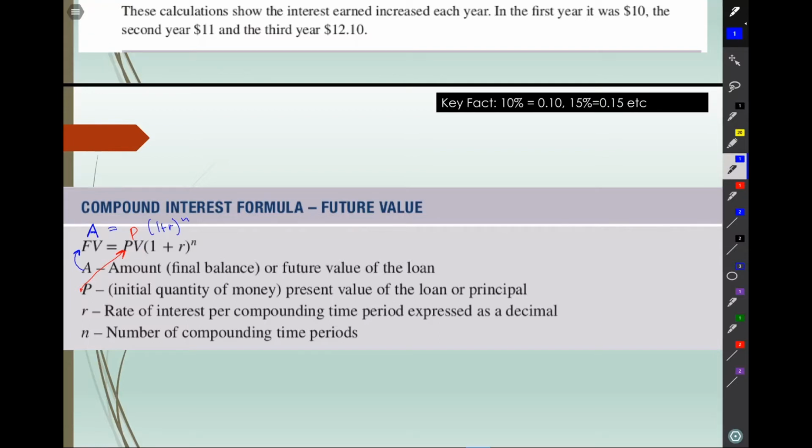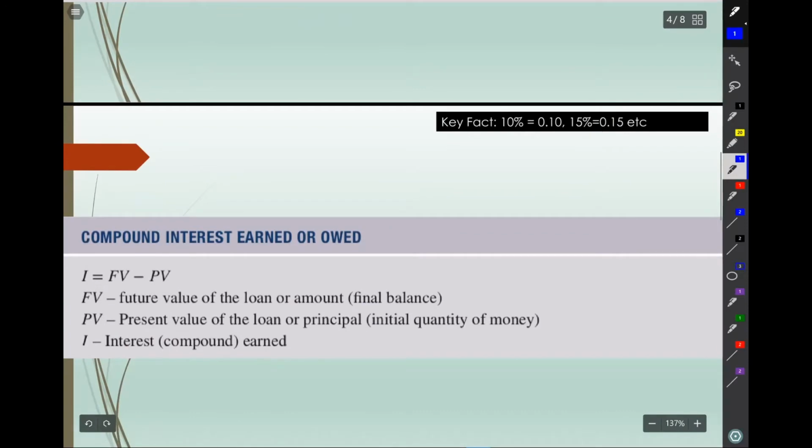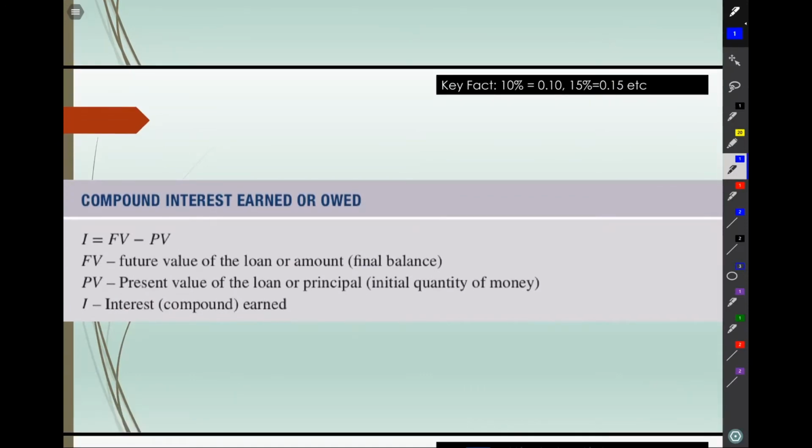Now, R and N are exactly the same as they were when we had simple interest. Nothing has changed there. Just the position of these numbers in the formula is a little bit different. The other thing we need to know is how to find just the interest. Remember when it was simple interest, our formula told us the interest straight away, and if we wanted the total amount, we had to add the interest to what we started with.